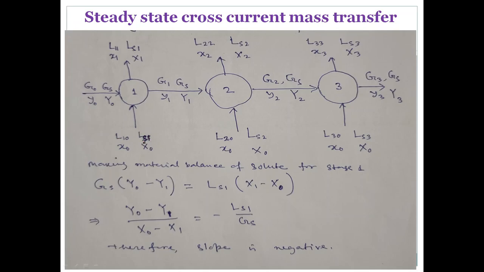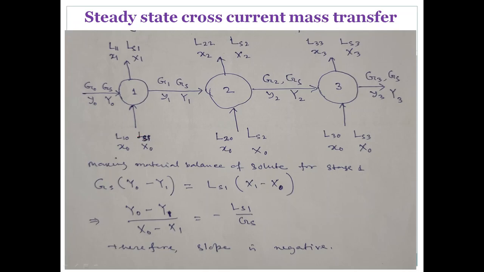The flow rate I can keep, but the concentration is capital X0, small x0. Generally N-methyl pyrrolidone I am pumping from a storage tank. From there I am pumping this one. So whatever the concentration, generally it is 0, and some flow rate I have given, LS, that 1.